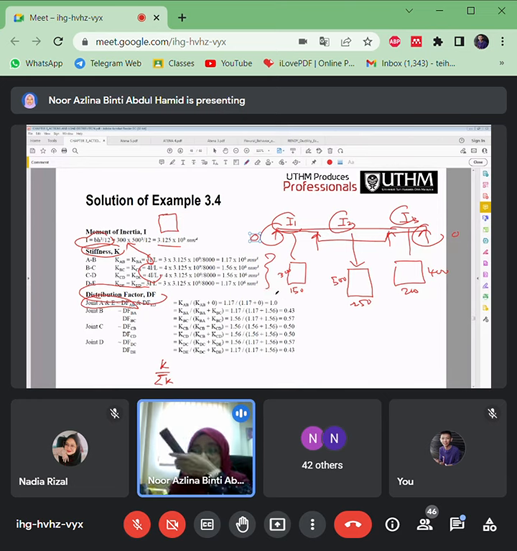It depends also on whether it is 3EI or 4EI. Then for the rest, you need to calculate the stiffness, and divide this stiffness K by the total K in order to come up with the distribution factor.